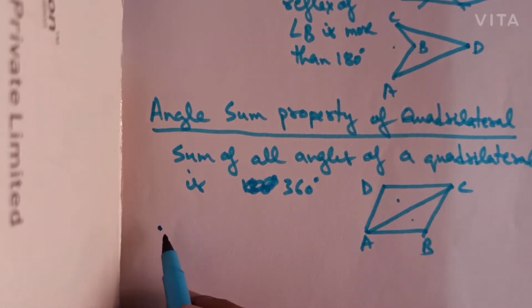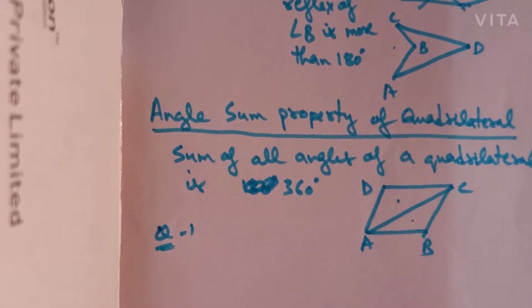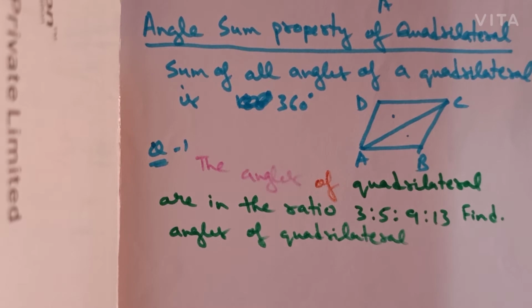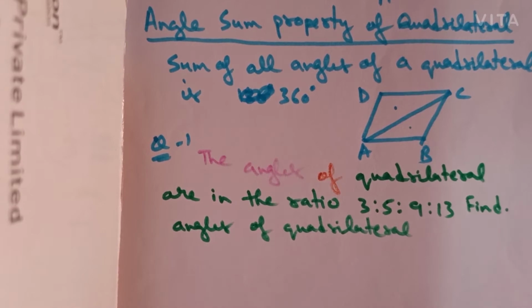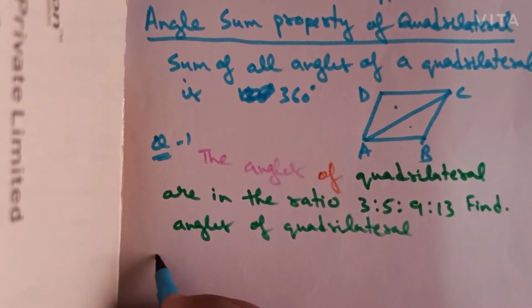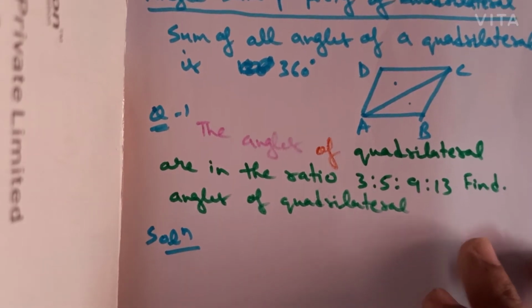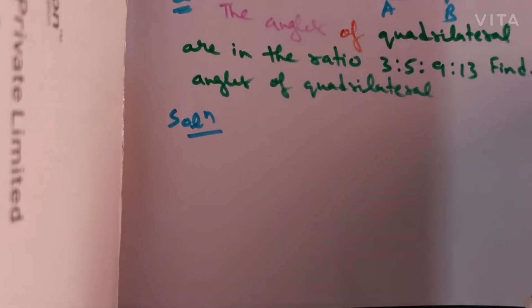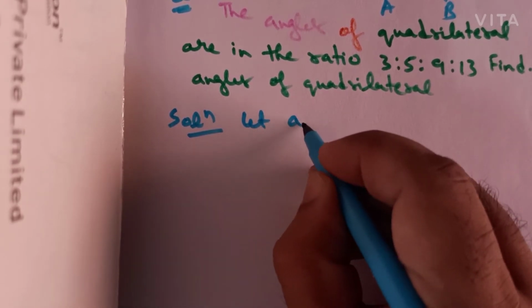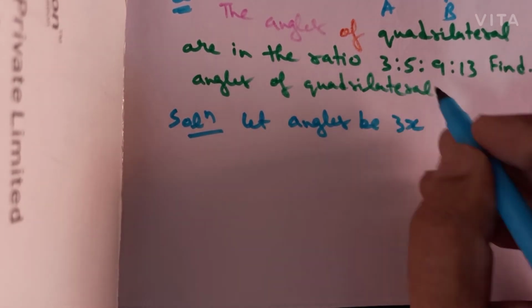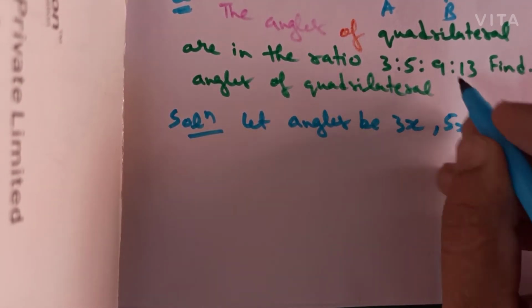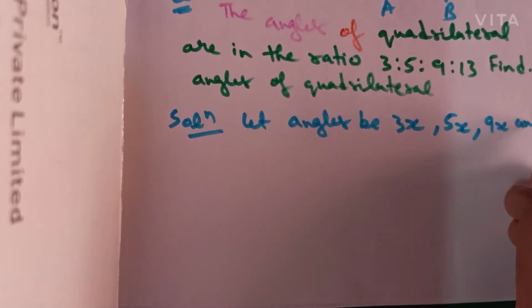So let us do one question based on this. The angles of a quadrilateral are in the ratio 3:5:9:13. Find the angles of the quadrilateral. We will apply the angle sum property here. The ratio of the angles is given, so let the angles be 3x, 5x, 9x and 13x.